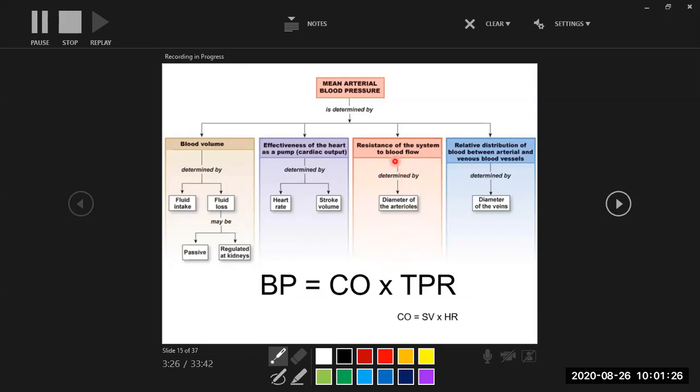And this one is the resistance of the system to blood flow. So this is the total peripheral resistance, right? The diameter of the artery.